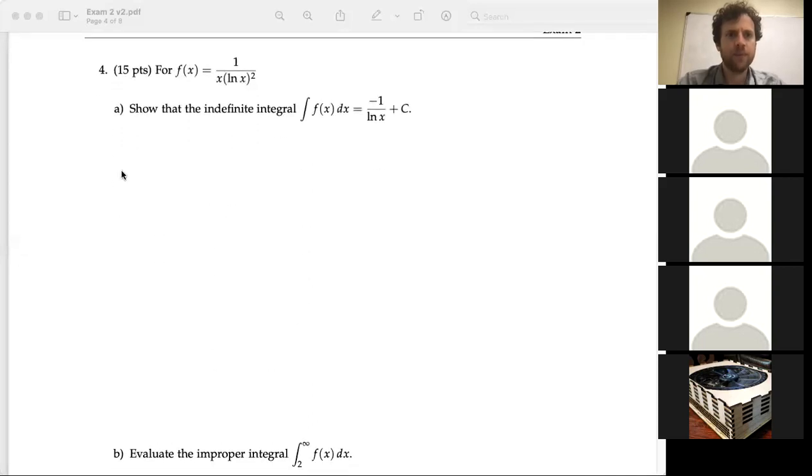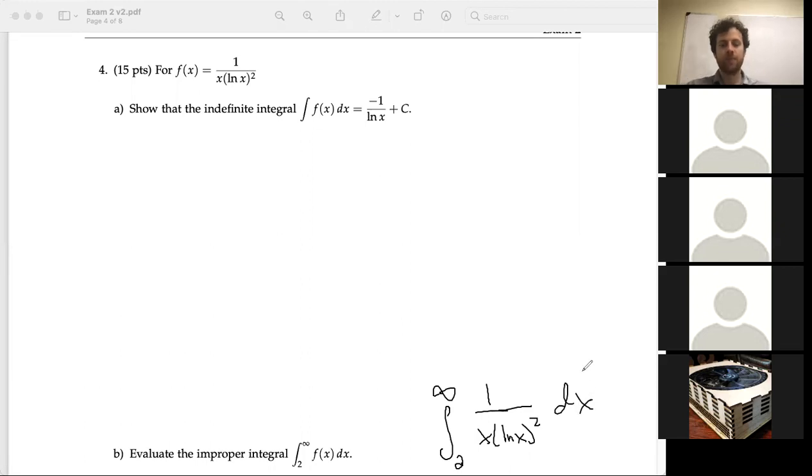Okay. So part 4 here is really saying that it's breaking this problem down. So what this problem is actually about is, in part B, wanting you to find the integral from 2 to infinity of 1 over x natural log of x squared dx.